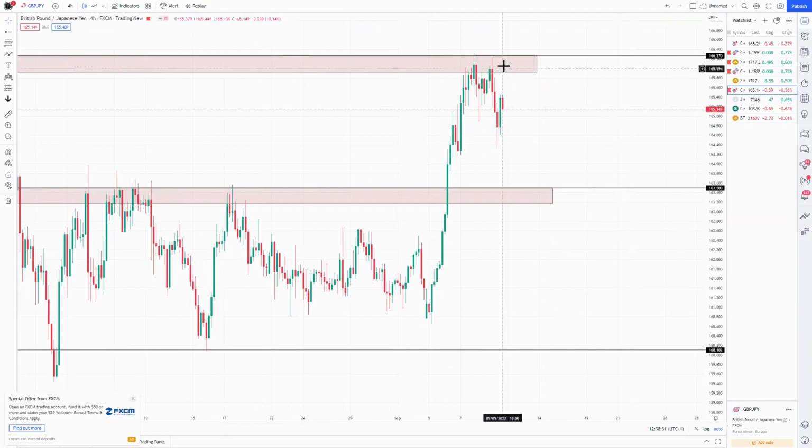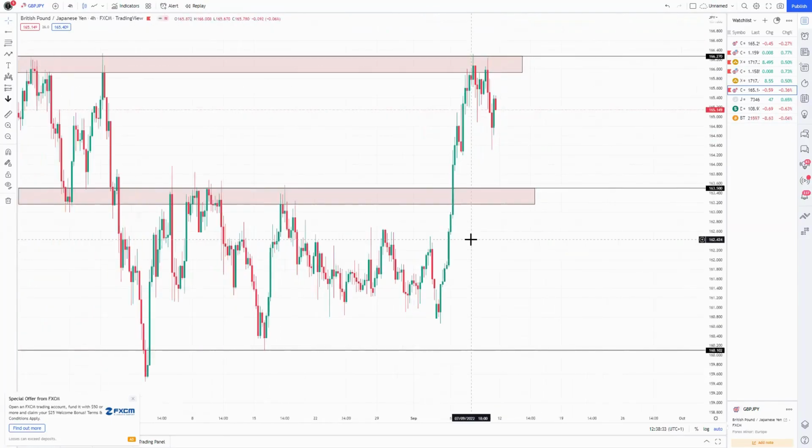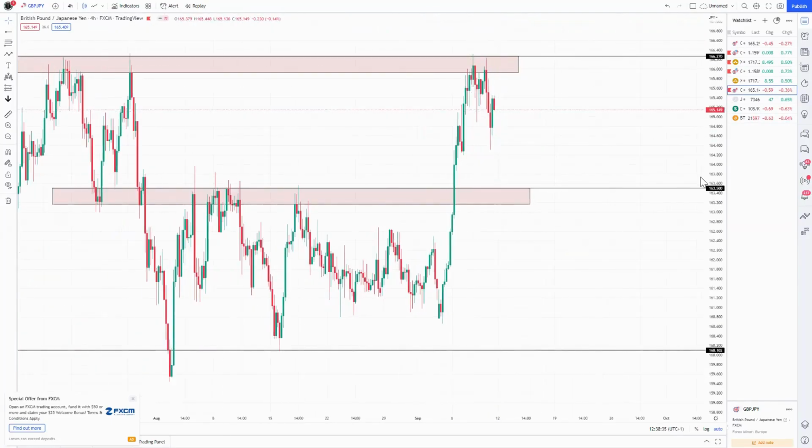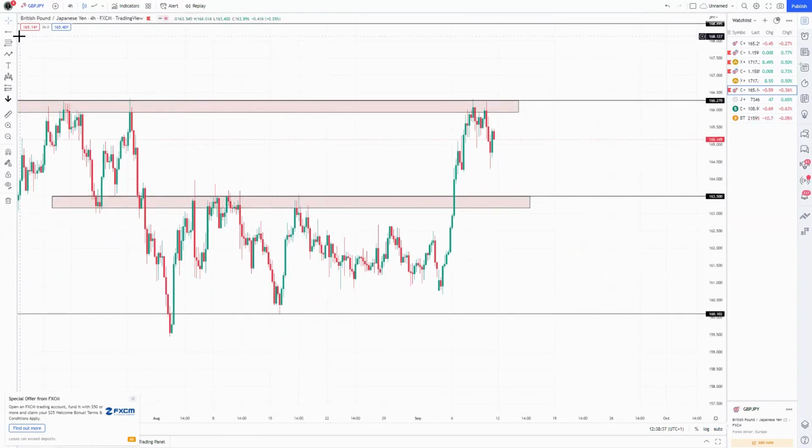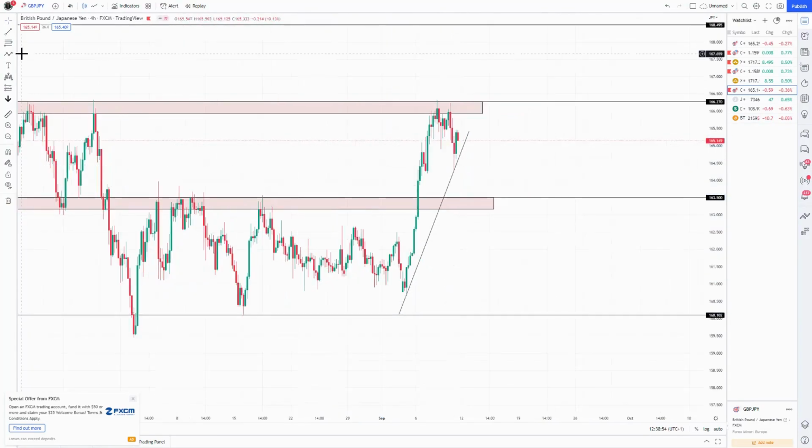Okay, can you see price got rejected on this area? So let's see what we can mark again.